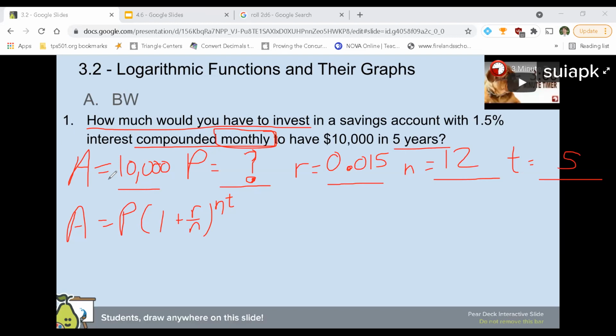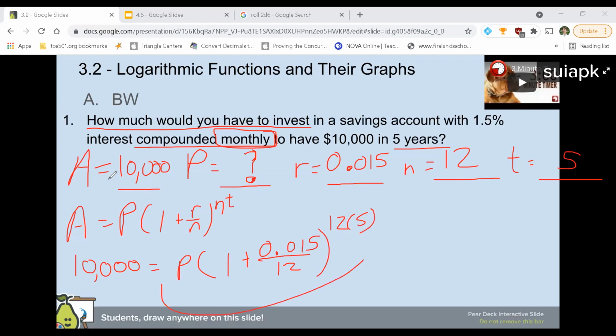Plug in our numbers. And then you can actually solve that equation in 2 steps. We just gotta simplify, because this is just a number. Find out what that is in the calculator.